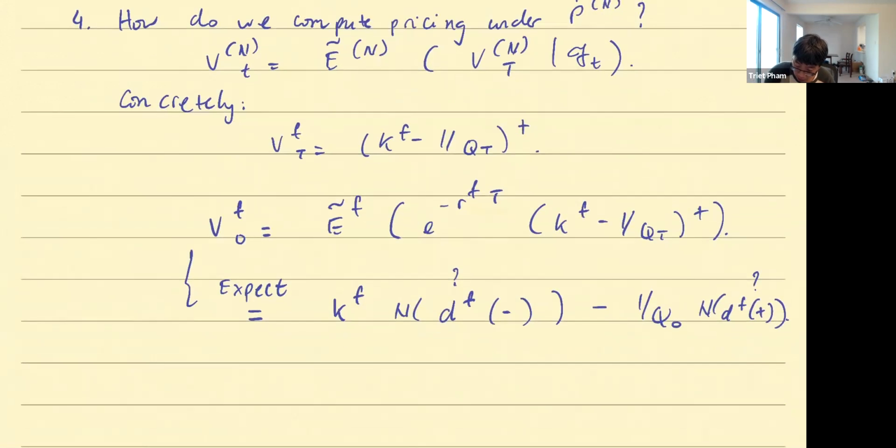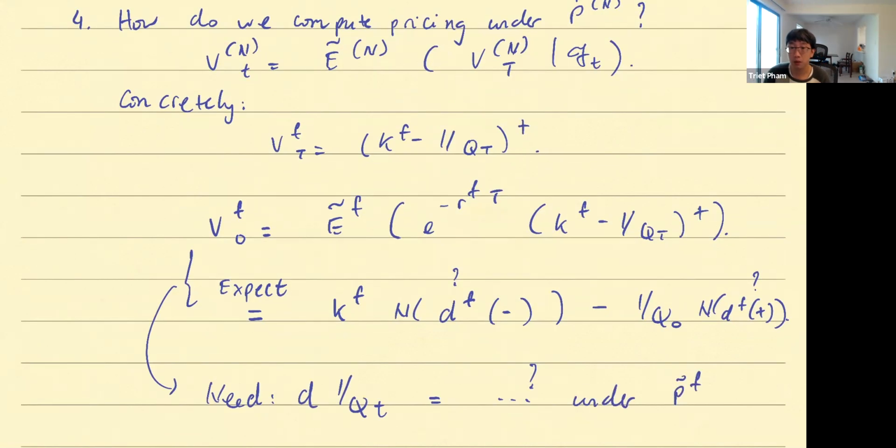What we need is how to describe 1 over QT under P tilde F. Because Black-Scholes exactly works under the dynamics R and sigma.